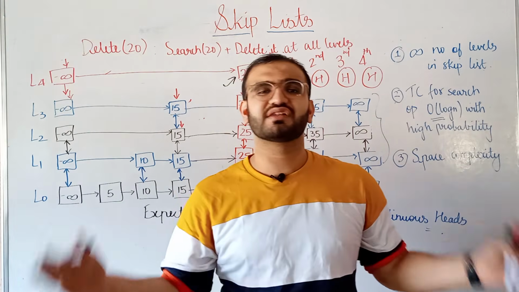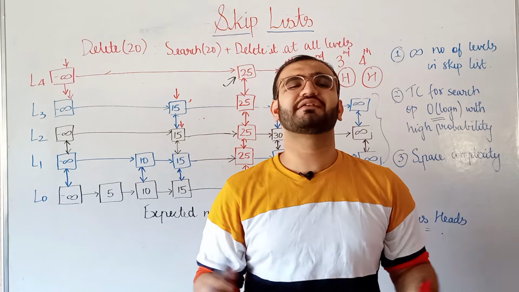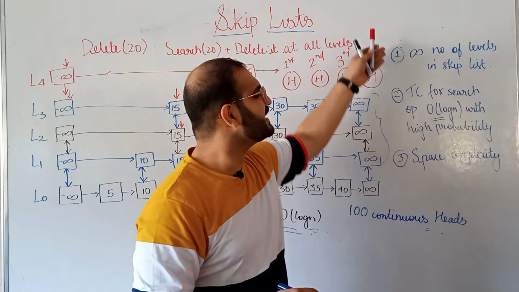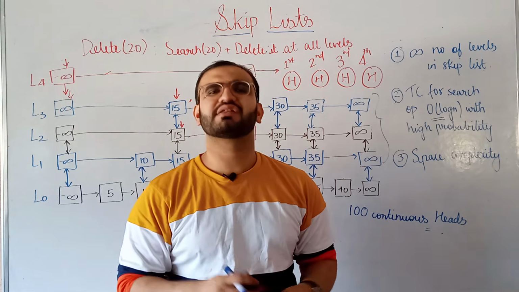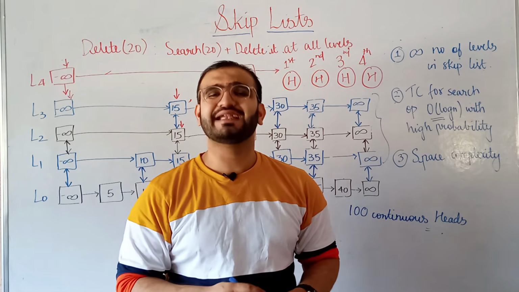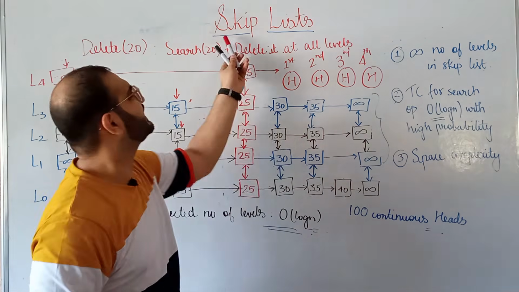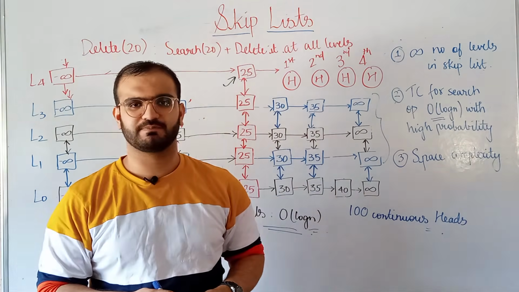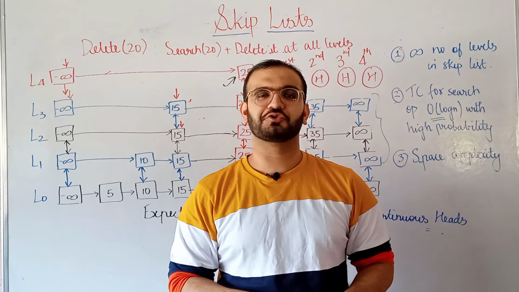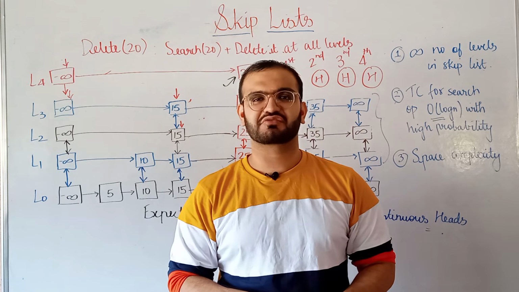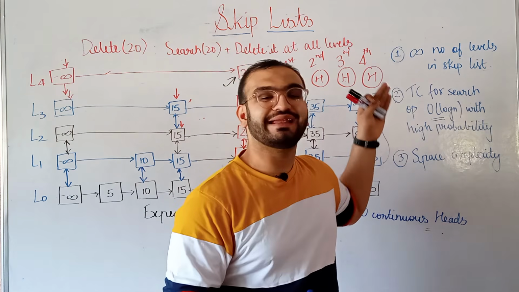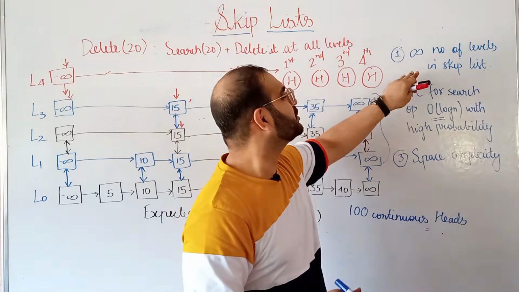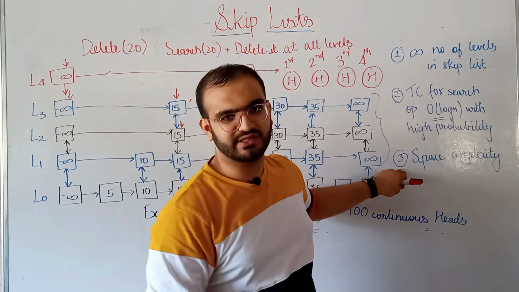We saw the search, insert and delete operations in the randomized skip list, and we are left with these 3 points that we are going to address in the next video with an in-depth analysis of this data structure skip list. Now let us meet in the next video where we will complete this data structure skip list by doing a probabilistic and an in-depth analysis in order to address these 3 points.